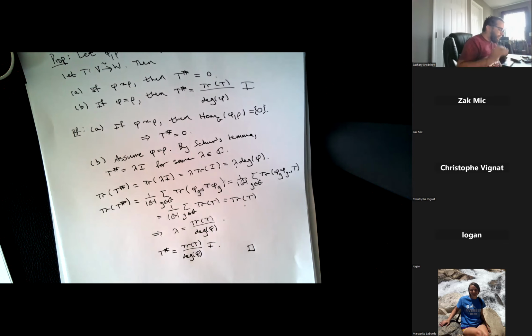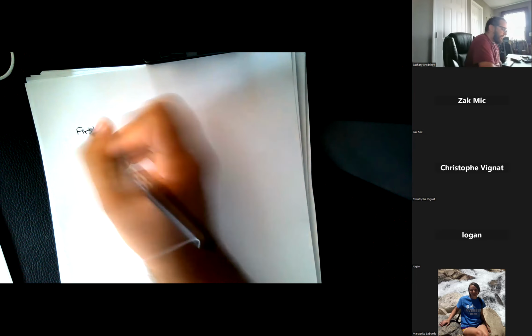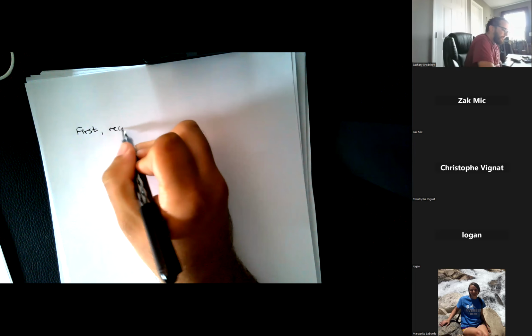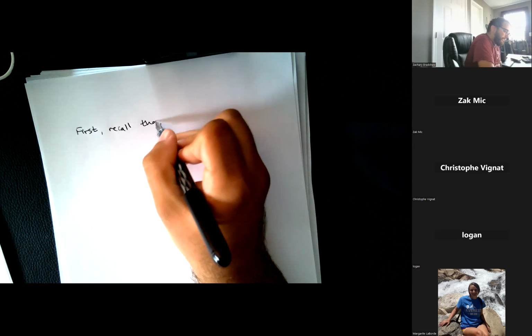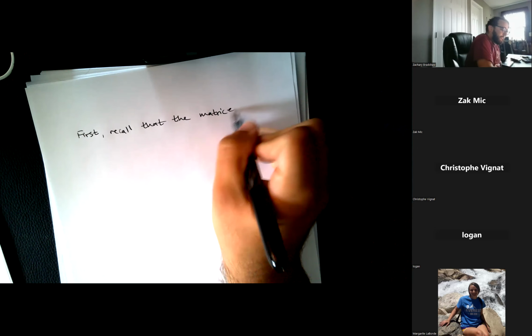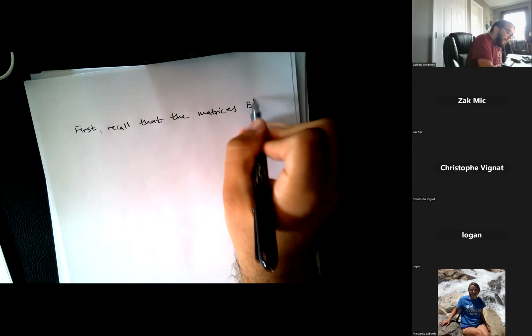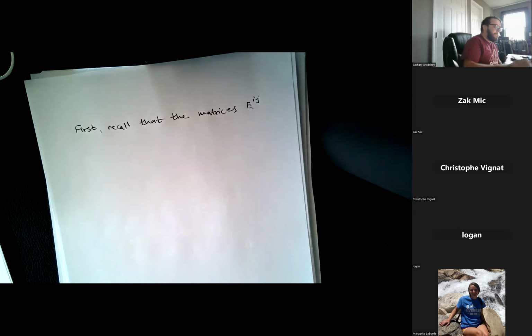So first recall just a tiny bit of linear algebra. Recall that the matrices, I'm going to write them as E^{ij} with a superscript.